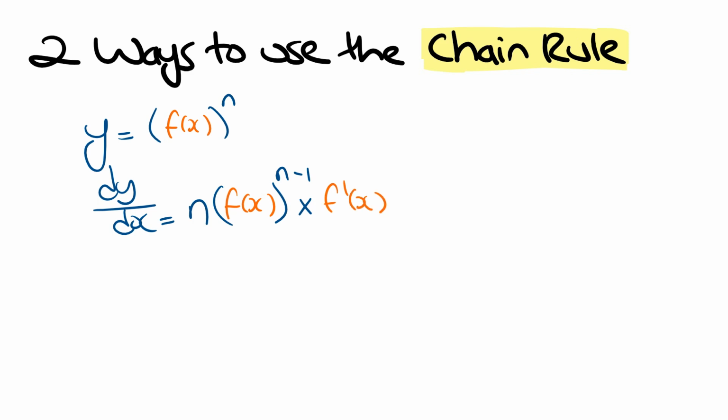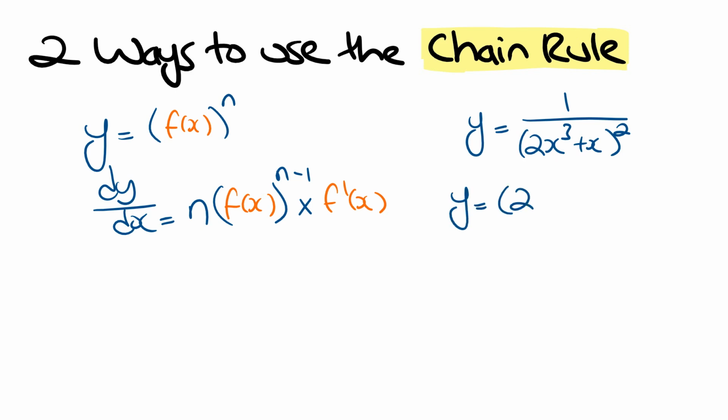Using this second method, let's see how it works using the same function as before. We had y is equal to 1 on (2x cubed plus x) raised to the power of 2. The first step is to rewrite this in power form, which is going to be (2x cubed plus x) to the power of minus 2.